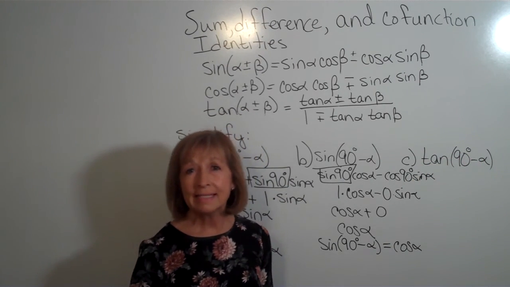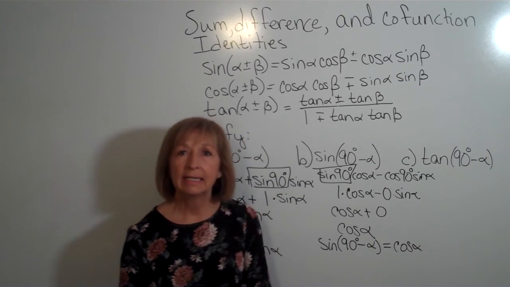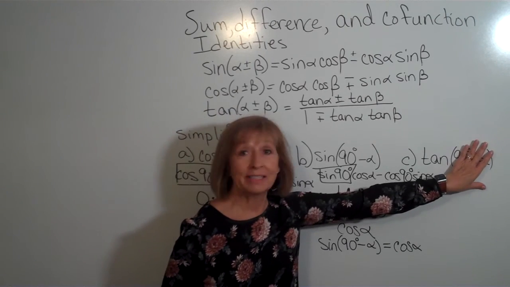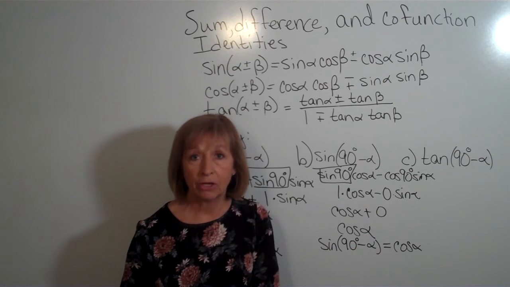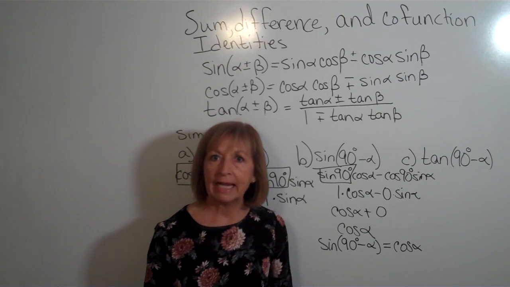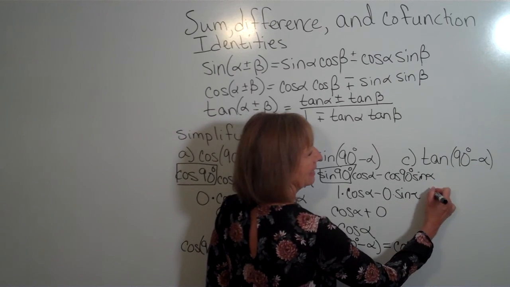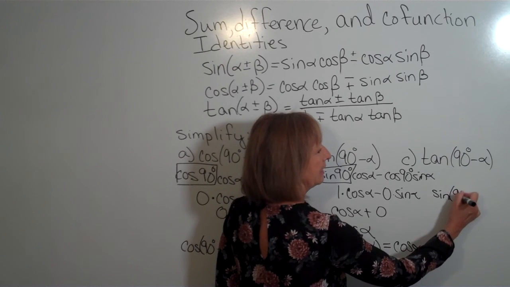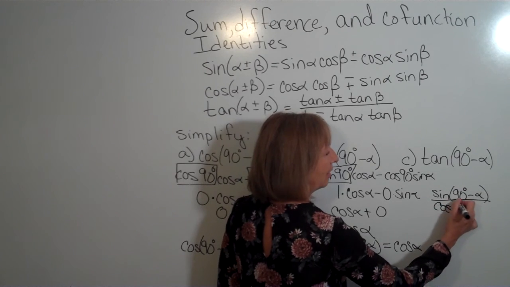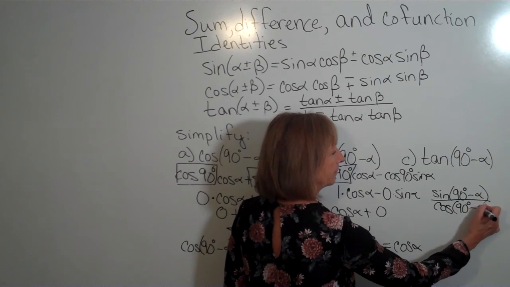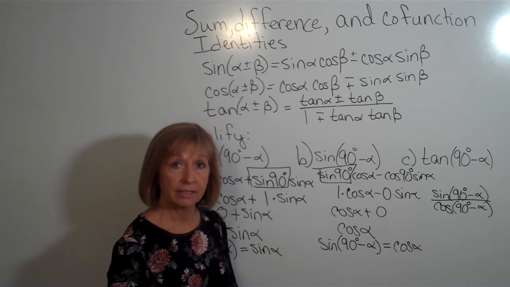We're actually going to utilize the information that we've already gained from part A and part B to do part C. The tangent of an angle, even if it's an expression that's your angle, is the sine of that angle divided by the cosine of that angle. That's from one of your 8 fundamental trig identities. So we're going to look at this as the sine of 90 degrees minus alpha divided by the cosine of 90 degrees minus alpha. Same angle, sine of it over cosine of it for the replacement for tangent.